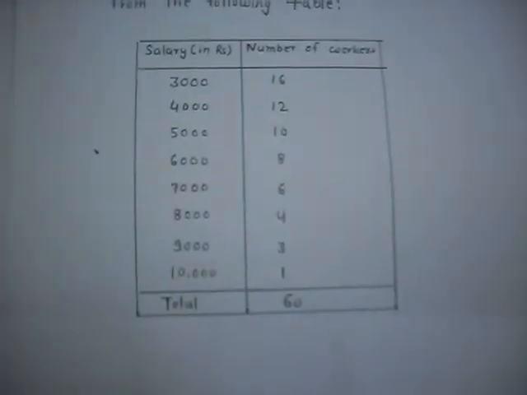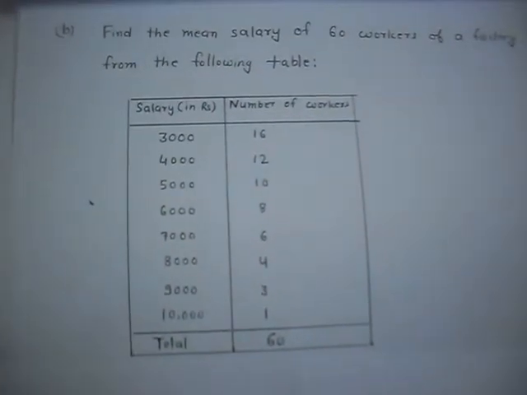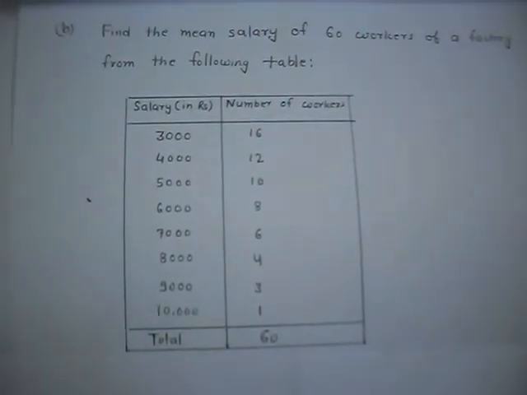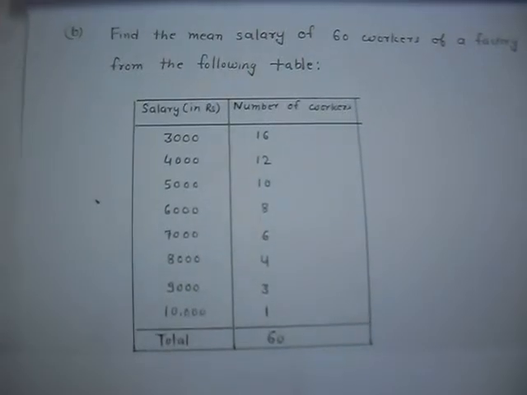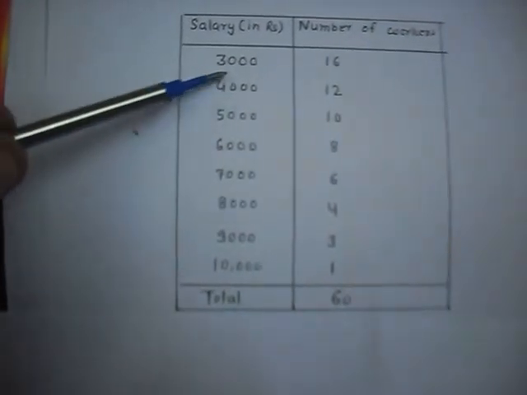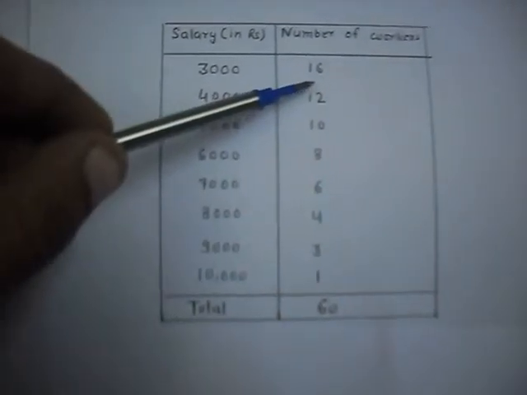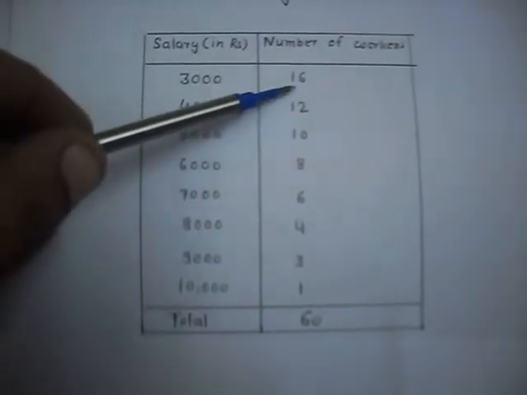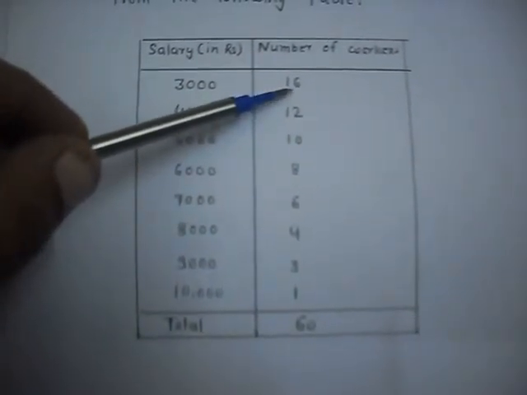when a frequency distribution table is given. Here a frequency distribution table is given and the question is written: find the mean salary of 60 workers of a factory from the following table. In this type of question, salary is given and frequency is given. It means a salary of 3000 is of 16 workers.